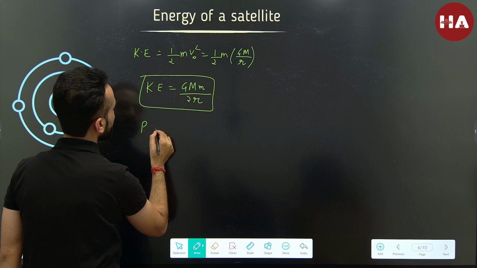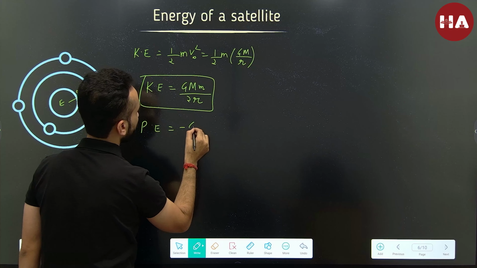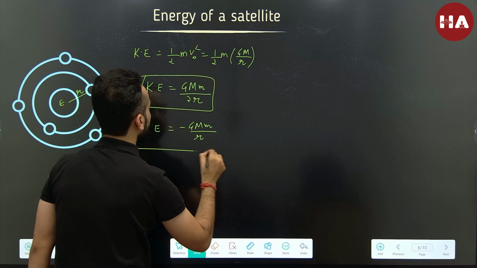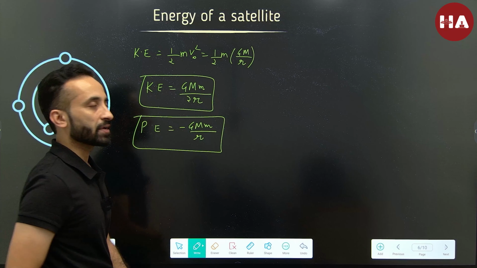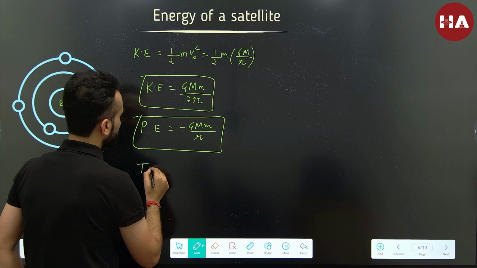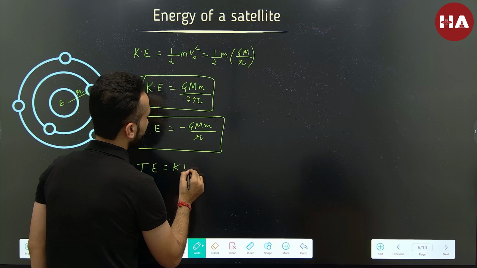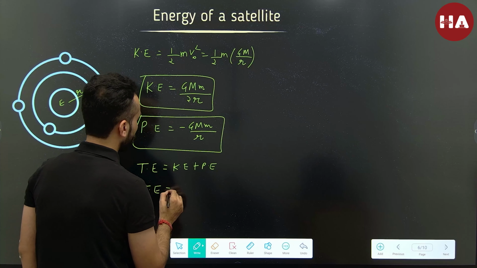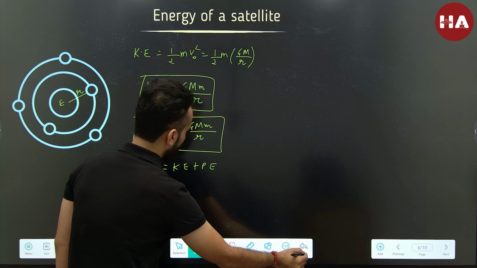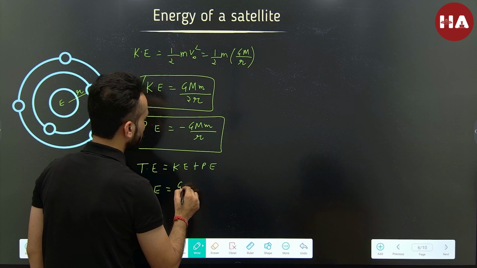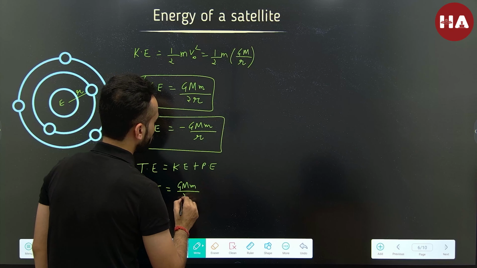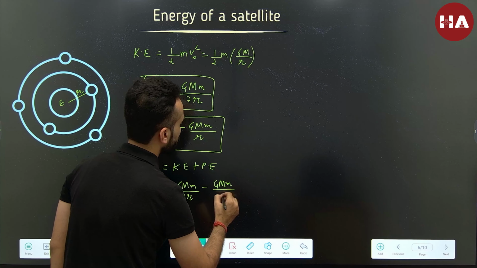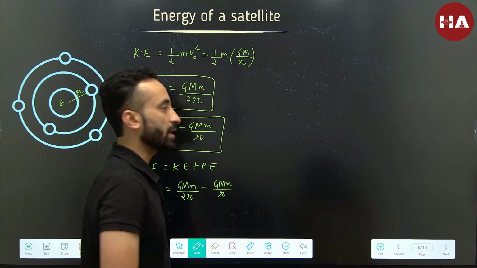Now potential energy, as we already have studied about that, it's going to be minus GMm by r, taking infinity as the reference, right? So total energy is going to be kinetic energy plus the potential energy, and if we put the value, that's going to be GMm by 2r for kinetic energy, and for potential energy it is going to be minus GMm by r.